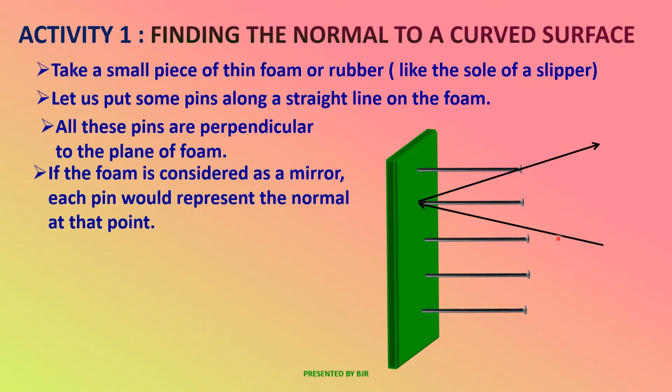If a ray is incident making some angle with the normal here. Suppose a ray is incident like this, making some angle with the pin, and it will get reflected with the same angle like this. So the angle of incidence is equal to angle of reflection, and this is the first law of reflection.